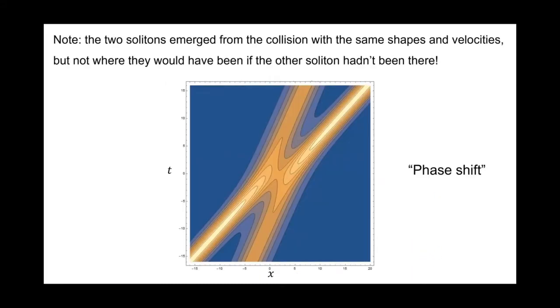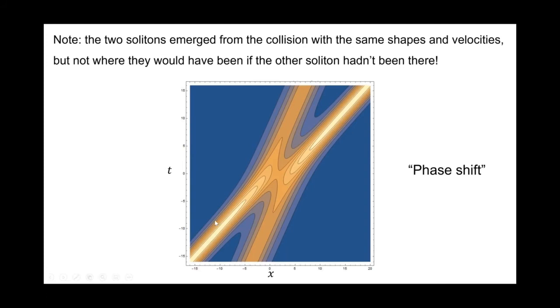Note, by the way, that while the two solitons did emerge from the collision with the same shapes and velocity that they had before the collision, they did not emerge where they would have been in the absence of the other soliton. This might be a little hard to see from this animation. So instead, let's consider this contour plot of the energy density. Here, dark regions or blue regions are regions where there is very little energy density, and the light regions have a high energy density.